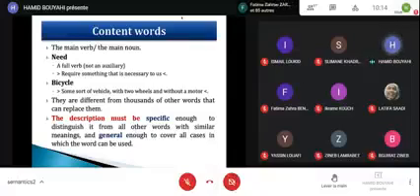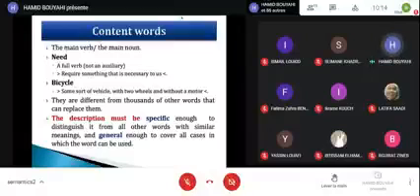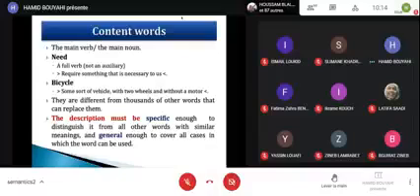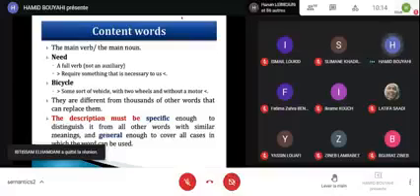Description must be specific enough to distinguish it from all other words with similar meanings and general enough to cover all cases in which the word can be used. Can someone give me a word, any word, and then the others, or he himself, or she, tries to define it.